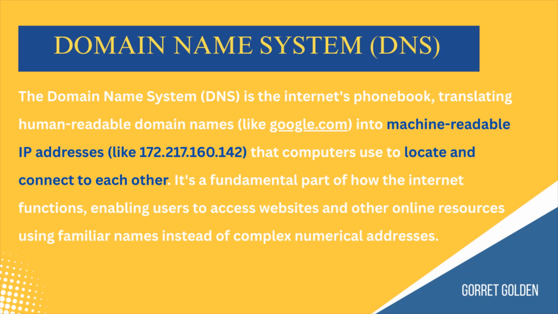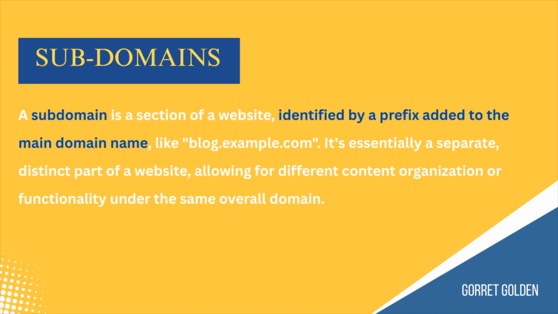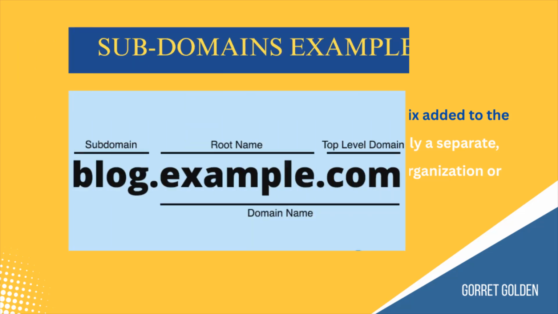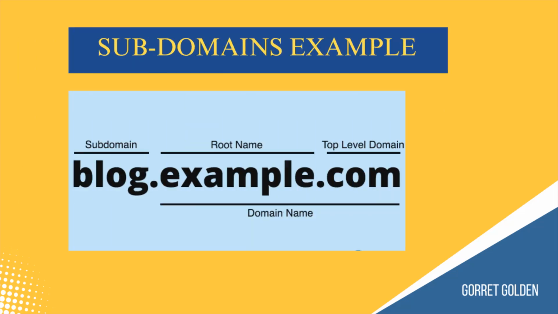With domains, we always have subdomains, and a subdomain is like a section under your main domain or the primary domain. So for example, if we have a primary domain called golden.com, and on the other hand, if I had a blog where I post my other content, I could come up with a subdomain, which is, for example, blog.golden.com.